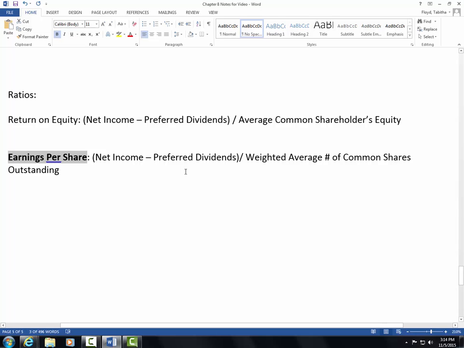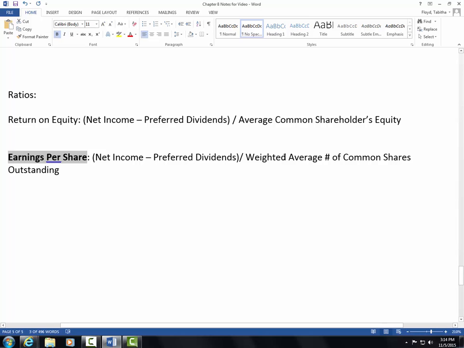And this is important because if you're an investor in a company and you see that the company has net income that continues to go up, if you go back 5 years and you see income is increasing all 5 years, you may think, oh wow, this is really good. But your earnings per share may not be increasing because that net income may be divided over a lot more shareholders.